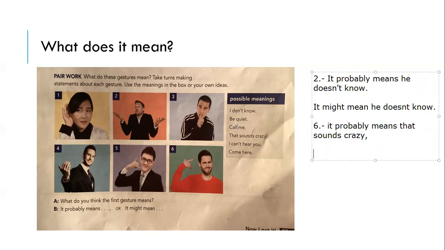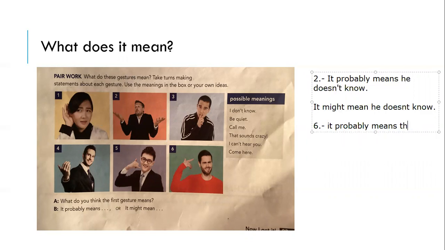Or it might mean that sounds crazy. So this is how we use the adverbs and modals to express the probability of knowing what you are seeing, in this case, people doing gestures.